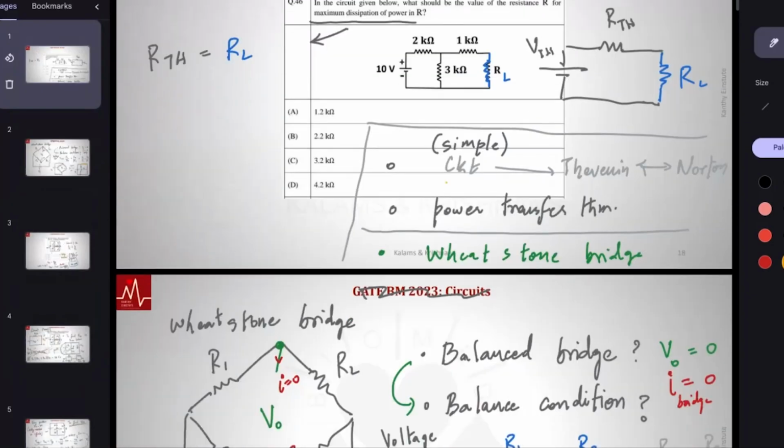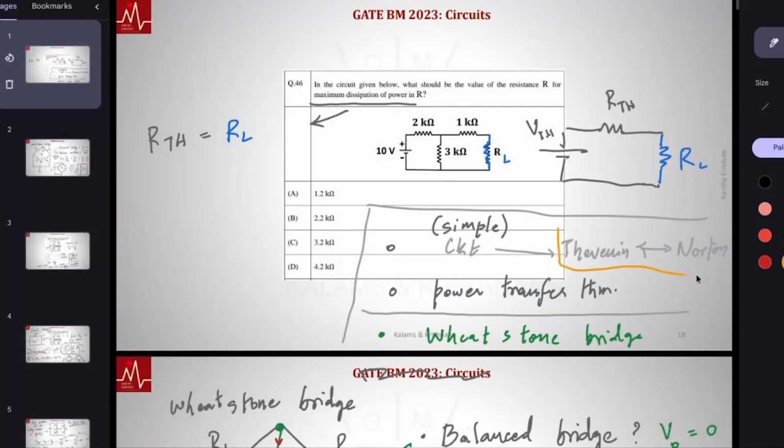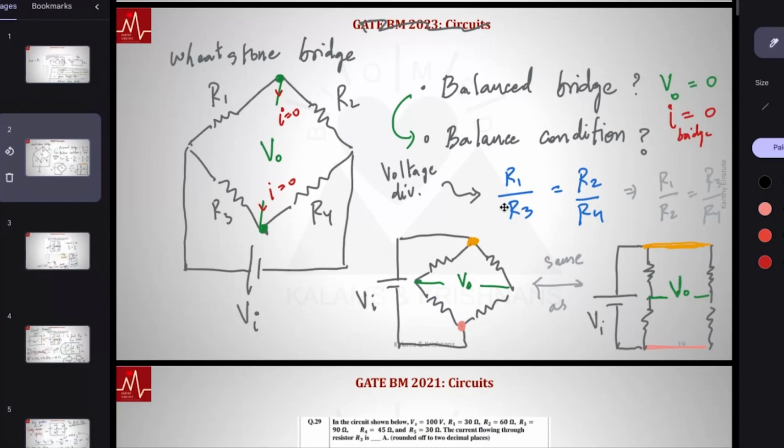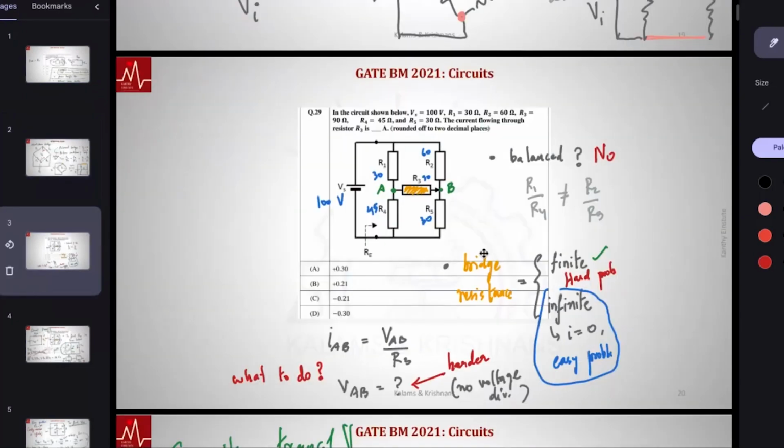Okay, to summarize, we have already done this. Last time we did lots of Thevenin to Norton conversions, but we also learned circuit to Thevenin conversion, right? This is useful both in the case of the maximum power transfer theorem, questions like this one where you have to replace a circuit like this here, or it's also useful in the case of a finite bridge resistance, Wheatstone.